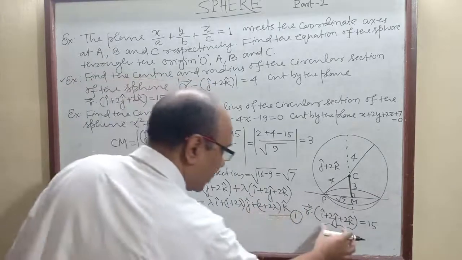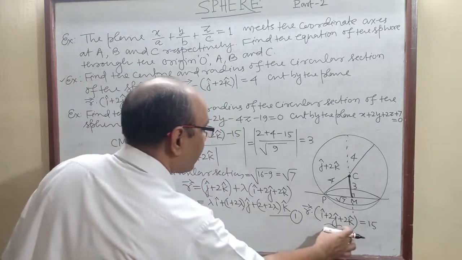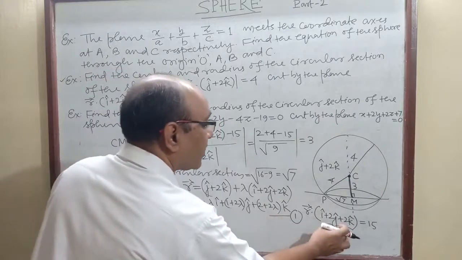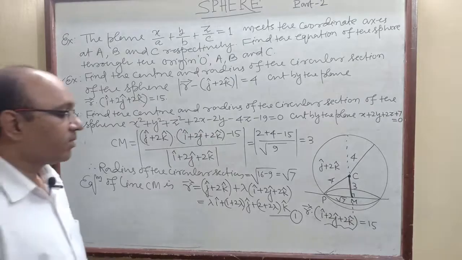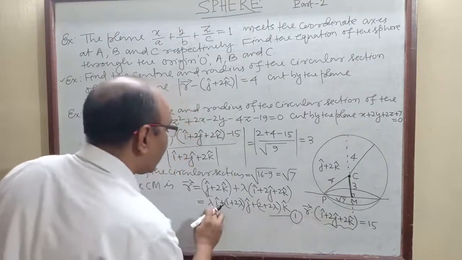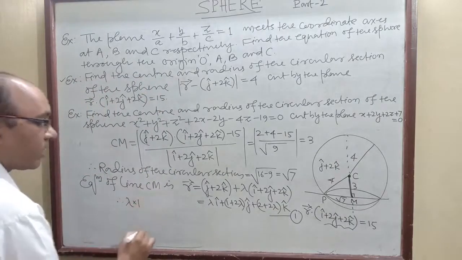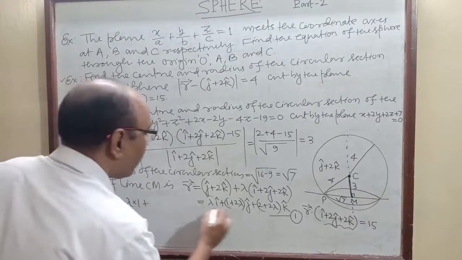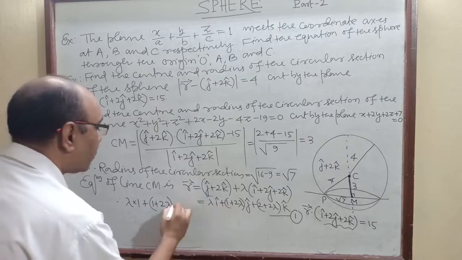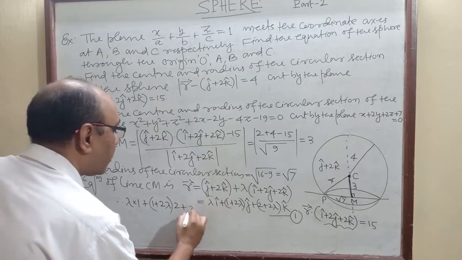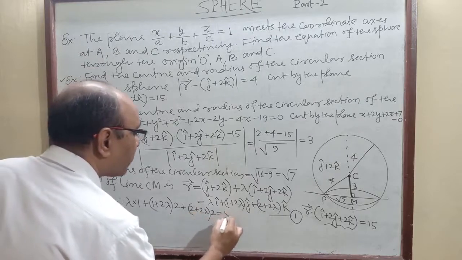Now if this satisfies this plane, in place of R we can write this vector, this dot this equal to 15. From there we will try to find the value of lambda. So this dot this, what will be? Lambda into 1 plus 1 plus 2 lambda into 2 plus 2 plus 2 lambda into 2 equal to 15.